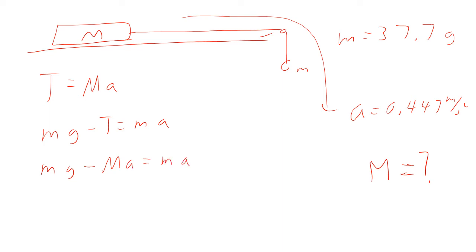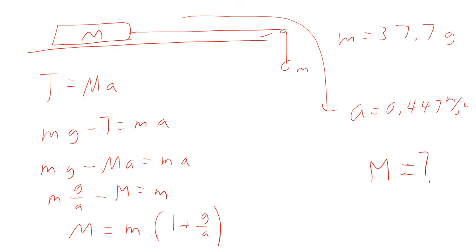Okay, and so all we have to do is solve. Let's divide through both sides by a. So we get mg over a minus big M equals little m. And then we just do some algebra. Big M equals little m times 1 plus g over a.